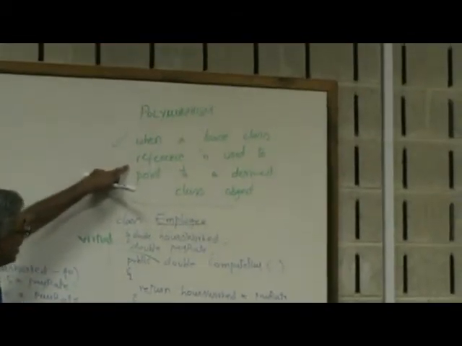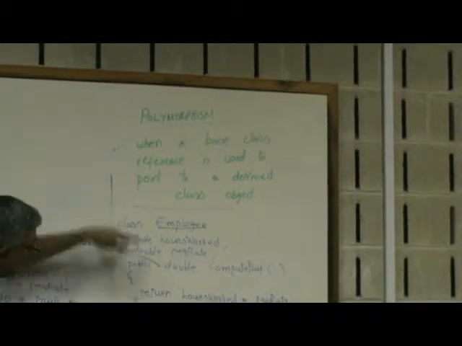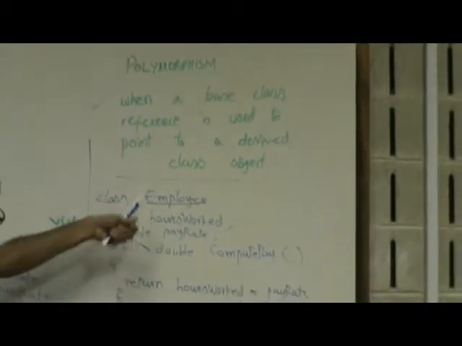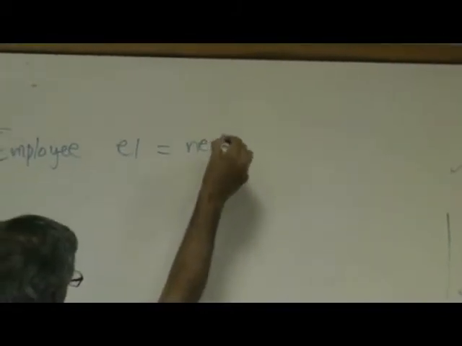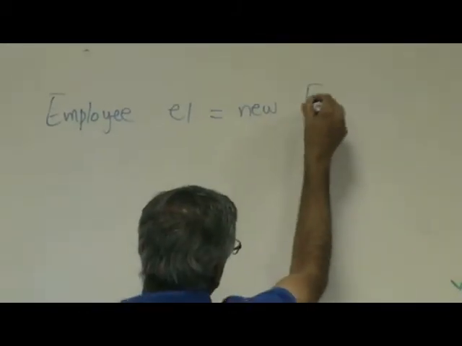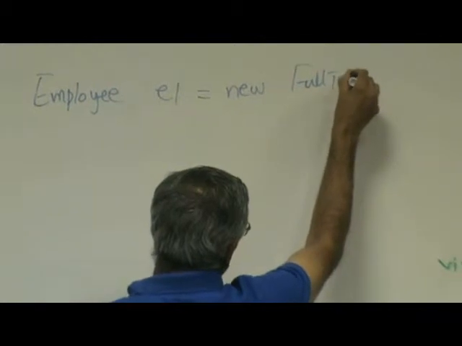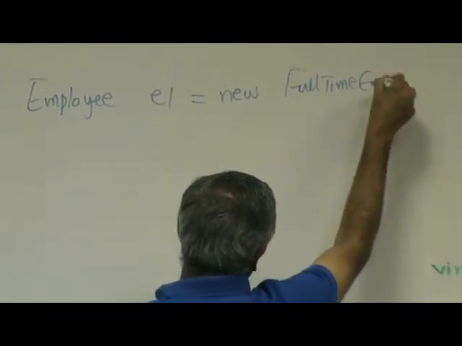So now, as far as this concept is concerned, base class reference. So what's the base class in this example? Employee. So if somebody created an employee type of reference equal to new, but however, they allocated memory for a full-time employee.